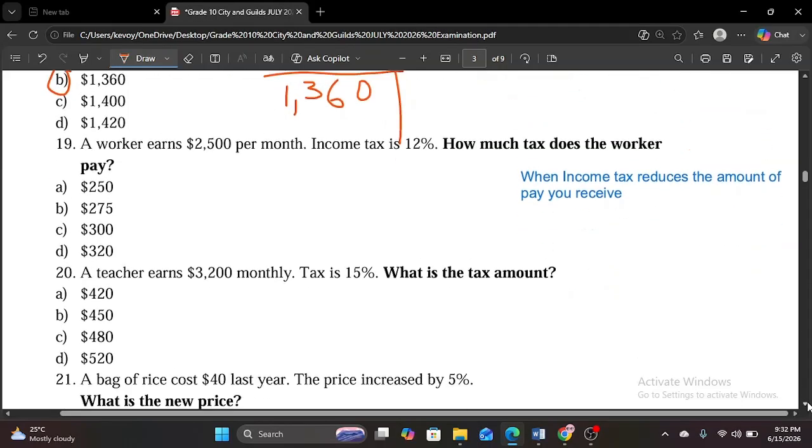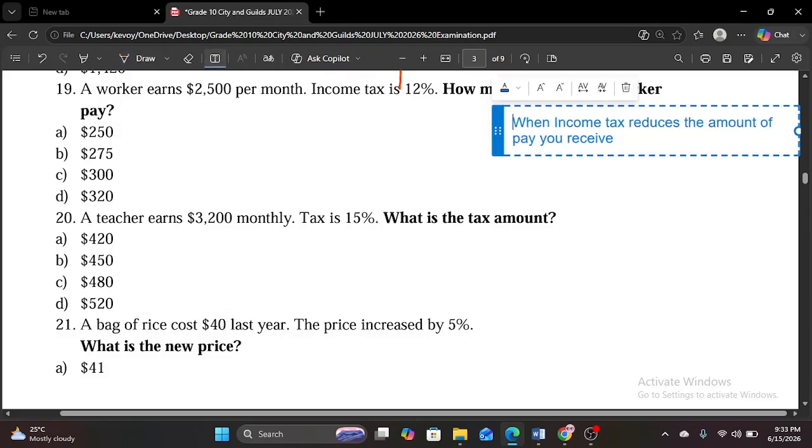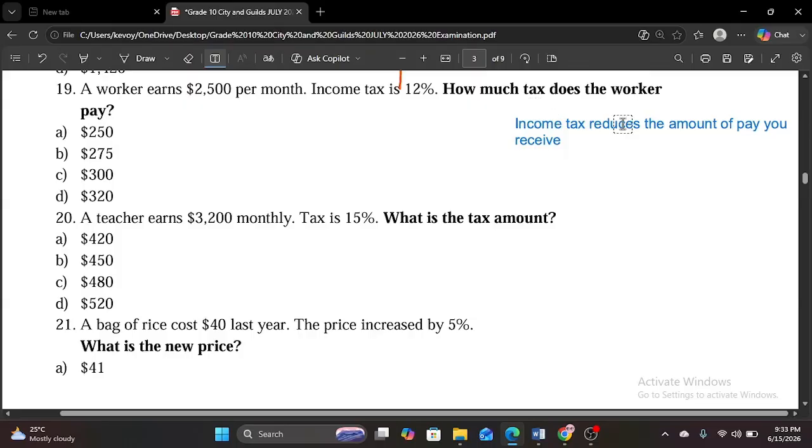All right, question 19. So a worker earns 2,500 per month. The income tax is 12%. How much tax does the worker pay? All right, so we're asked to find what is the tax. So income tax reduces the amount of pay you receive.